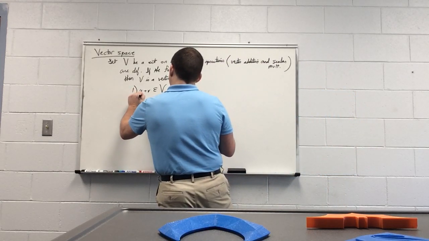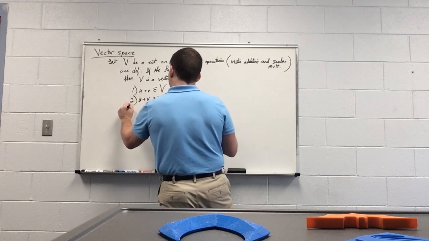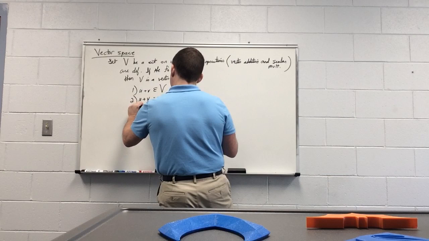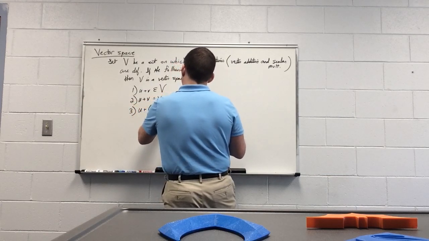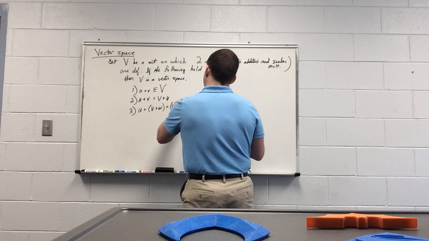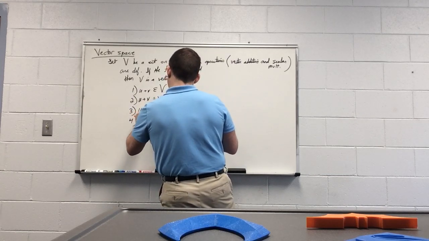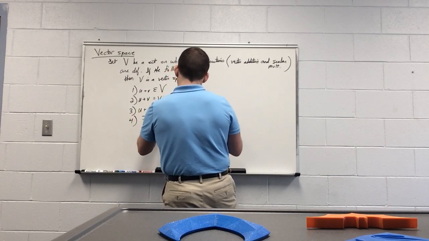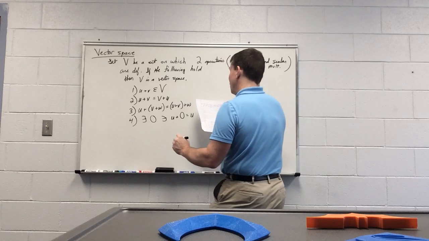Okay. 2. u plus v is equal to v plus u. 3. (u plus v) plus w is equal to u plus (v plus w). 4. There exists a 0 such that u plus 0 is equal to u.